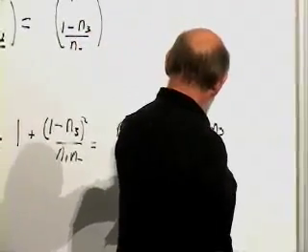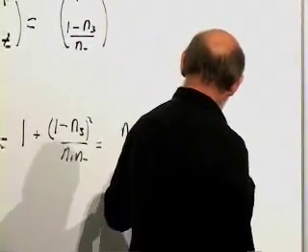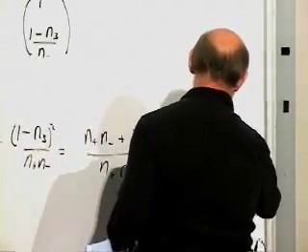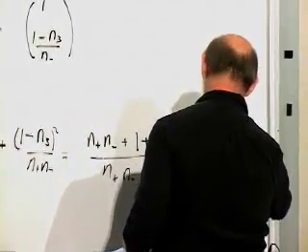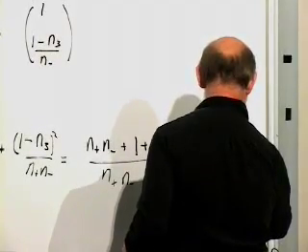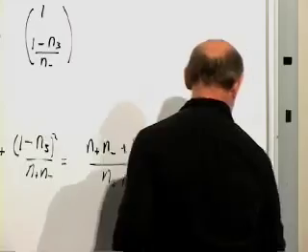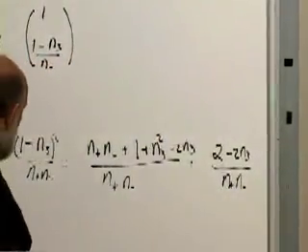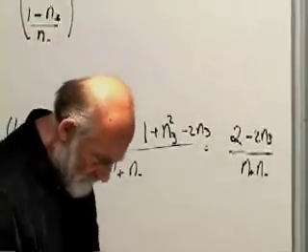The n3 squares cancel. The 1's add, and you get 2 minus twice n3 over n plus n minus. Is that right? I think that's right.